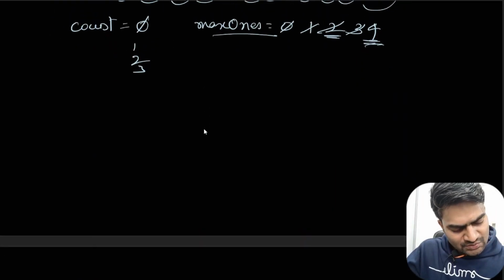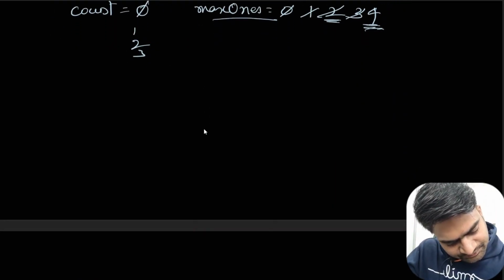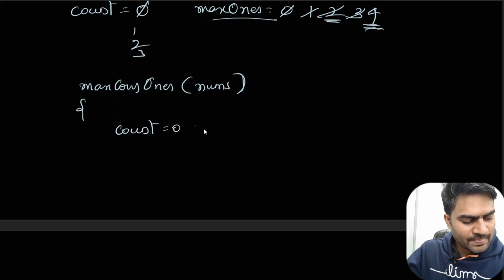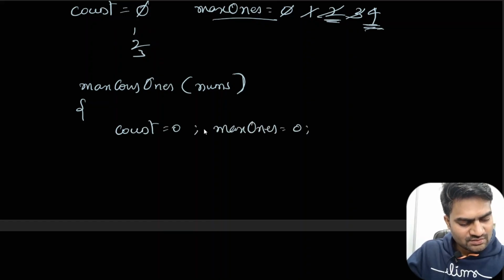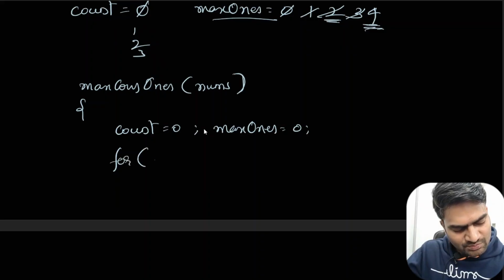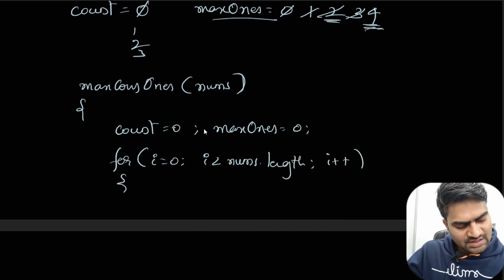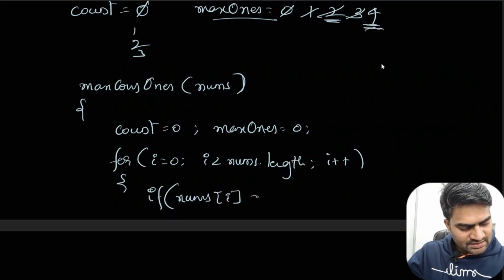Okay, let us look into the code now. Nums array. Then what I will do? Count equal to 0. Okay, and max ones equal to 0. Now I will use for loop, i equal to 0, i less than nums dot length, i plus plus. Okay, if nums of i is equivalent to 1, then what I will do?